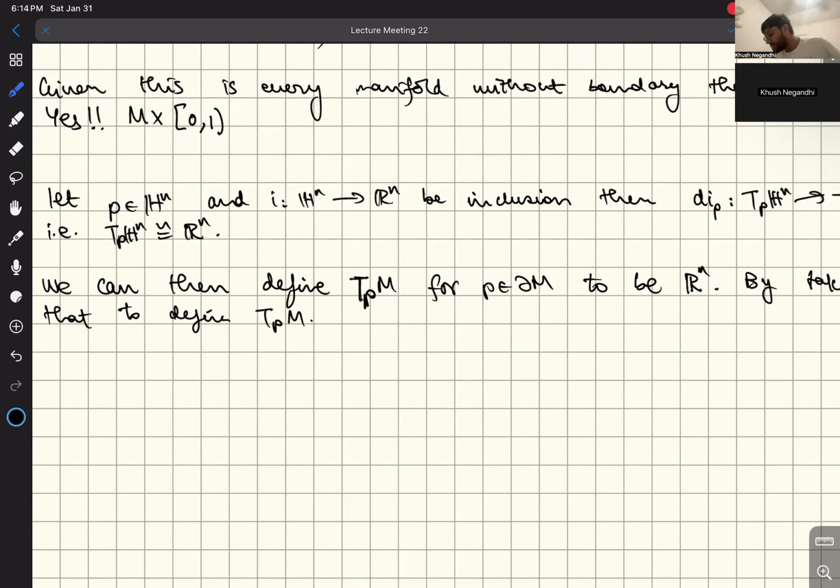We used charts to induce isomorphisms, and then we said tangent spaces are basically just R^n, and then you define coordinates on this, we can use the derivative.